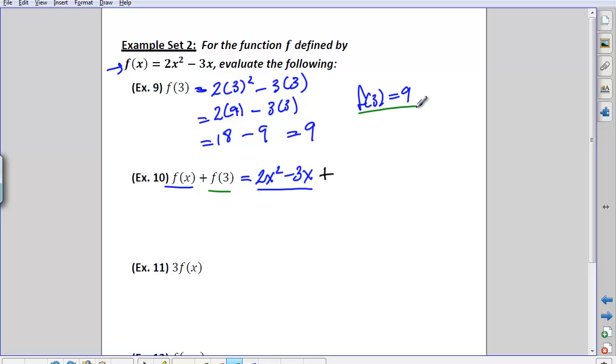Well, we just said that f of 3 for this function is 9. So f of x plus f of 3, if we rewrite that, is 2x squared minus 3x plus 9. So we can take those two function evaluations and just stick them together like that.